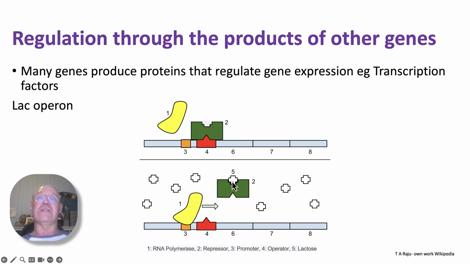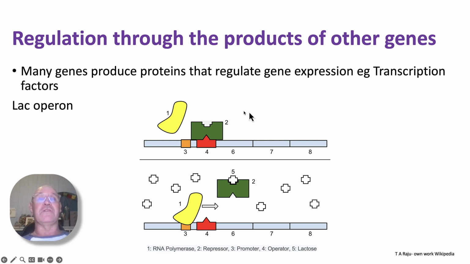Now, when lactose is present, it binds to this repressor and removes it, allowing the RNA polymerase to bind and start the process of transcription. So this is a classic example of a transcription factor. It's actually the environmental conditions that influence whether the transcription is allowed to occur or not.